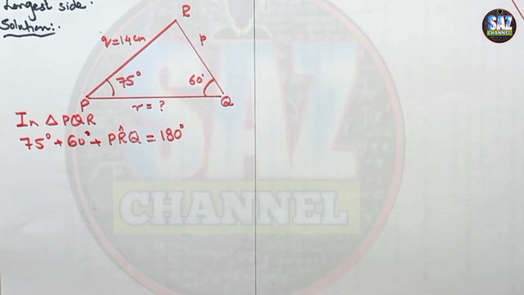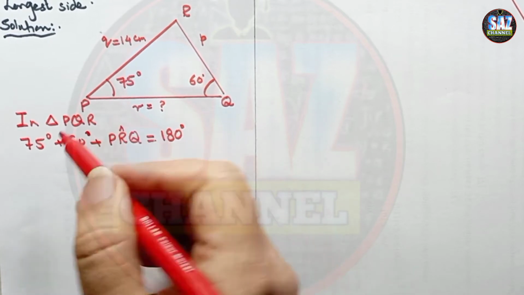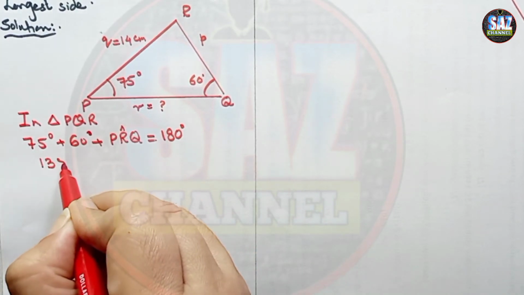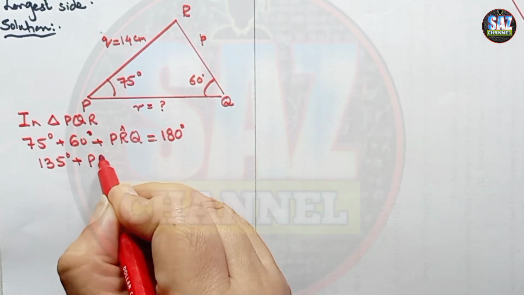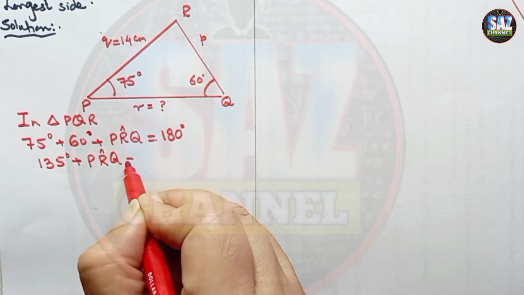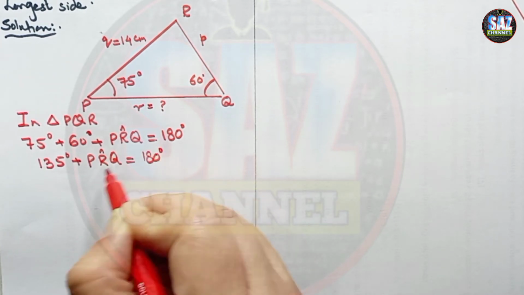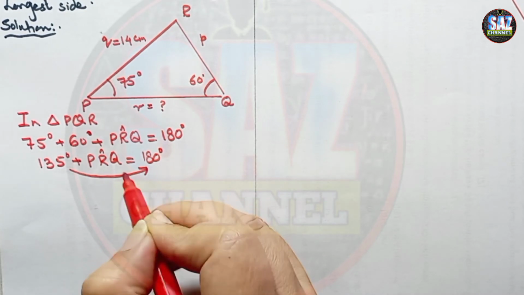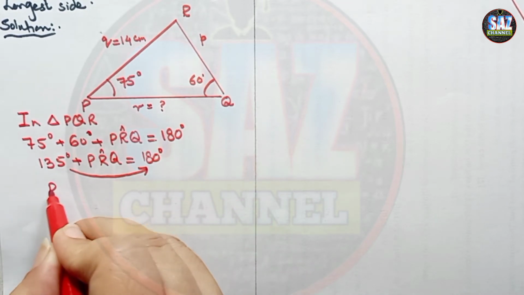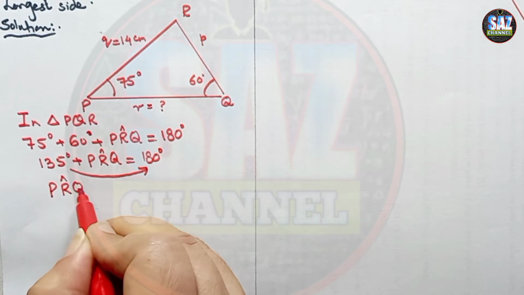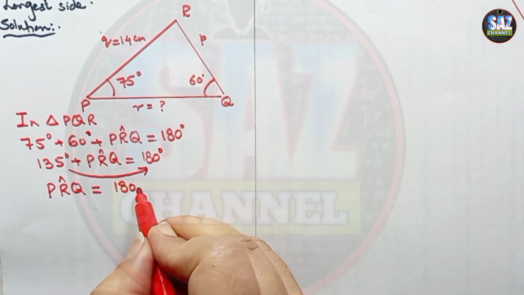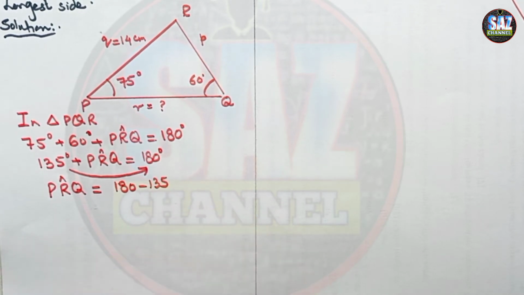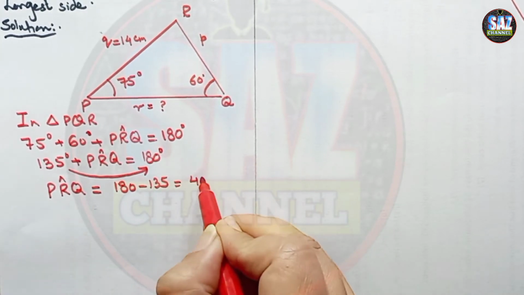Then 75 plus 60 gives me 135. 135 plus angle PRQ equals 180 degrees. Now shift this 135 to the other side and my equation will take the form angle PRQ equals 180 minus 135, and when I take away, I will get the answer 45 degrees.